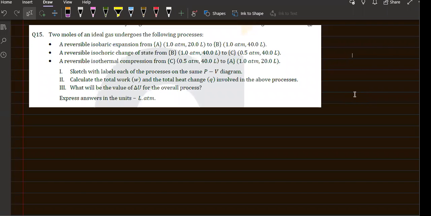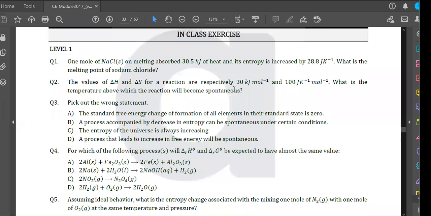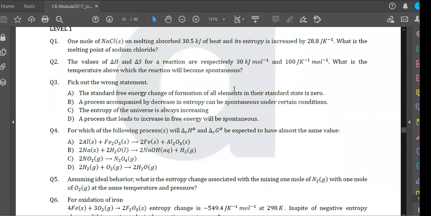We'll try to solve. I'm giving you 2 minutes. Everyone, please try this. This is an in-class exercise of 6.5, Gibbs free energy and entropy. So before that, any doubts?